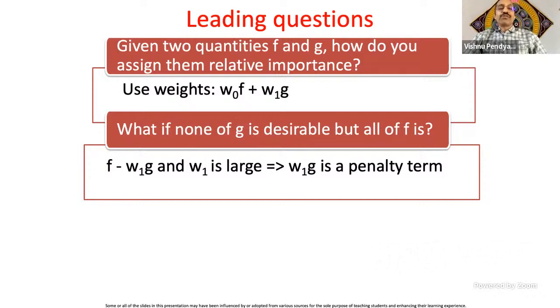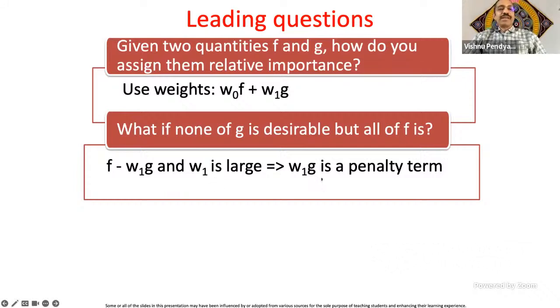But the thing is, we also want to meet g. g should also be obeyed, right? We don't want to exclude g completely from the picture. We want g, but at the same time, we don't want it to the extent possible. So what we do is f minus W1g and make W1 very large.